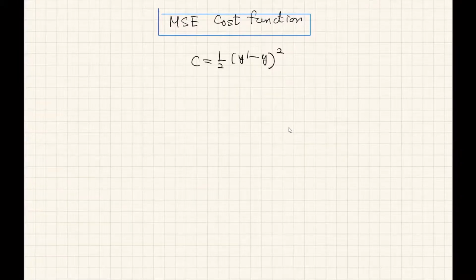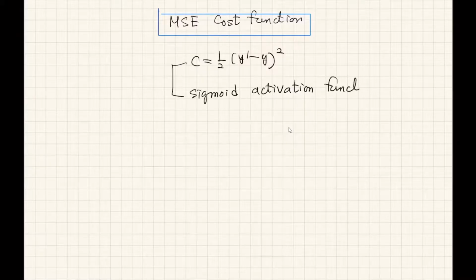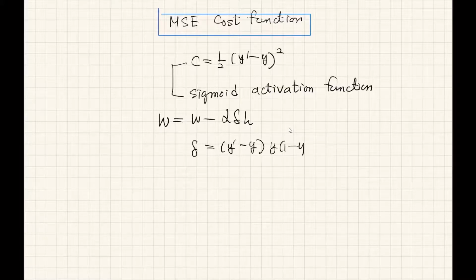However, you remember that if we combine this with the sigmoid activation function, the update function was delta times h, and in the previous class we obtained this equation.